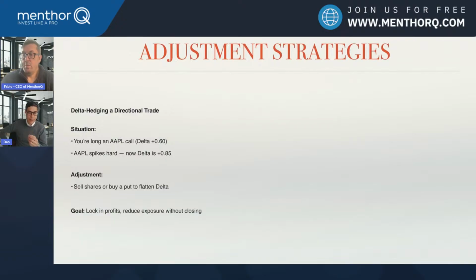You sell the shares, or on the other hand, you can buy a put to flatten the delta. Is that because a put has a negative delta? So if you put them together, in the end, you can take out this 25 rise in the delta. And 25 is a really nice number.